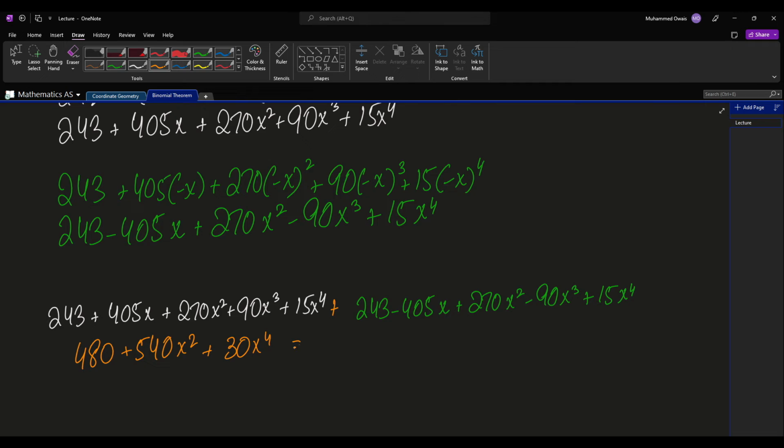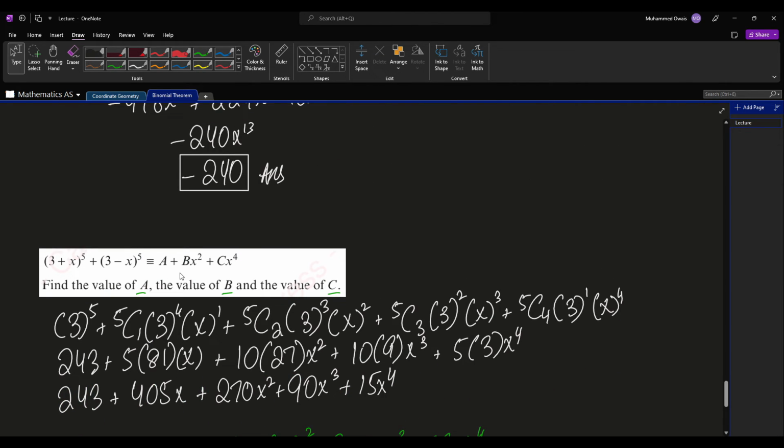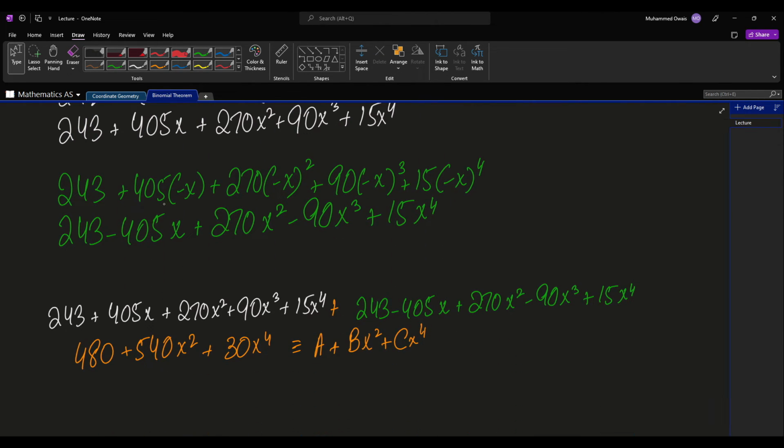And now it is telling us to compare it with a plus b x square plus c x4. I've basically written the same thing as I've done there. Now the equations on both sides are basically the same. So what I can infer is that 480 is a, 540 is b, and 30 is c, because they are the coefficients.